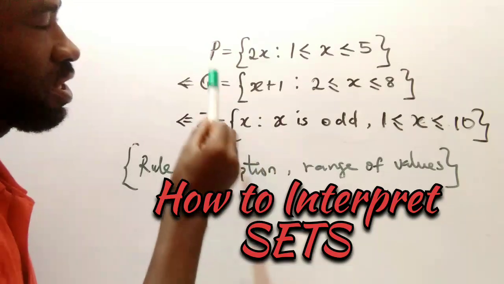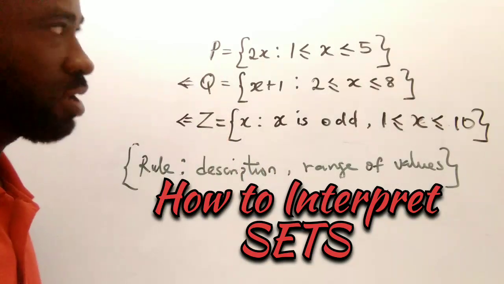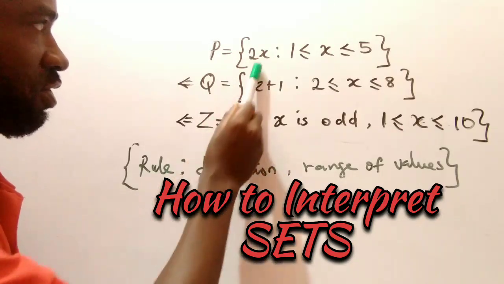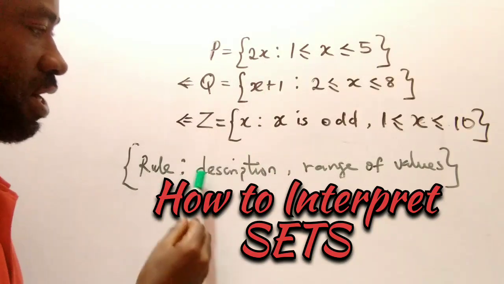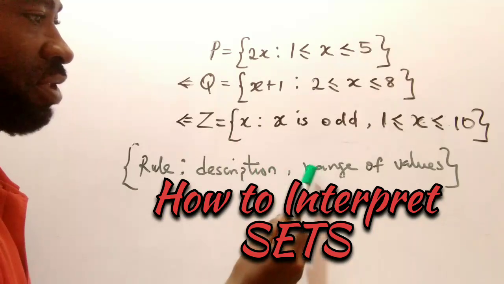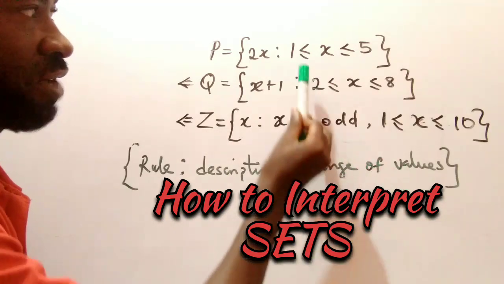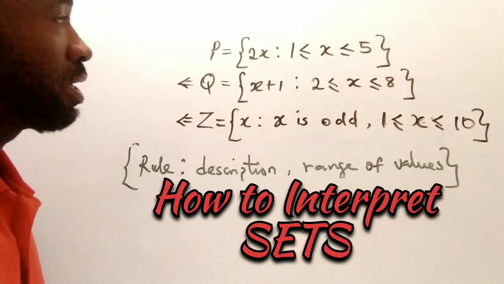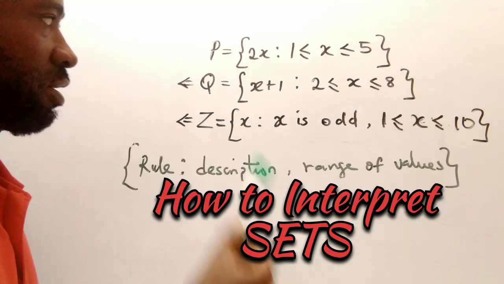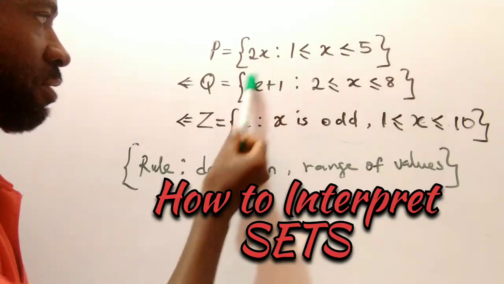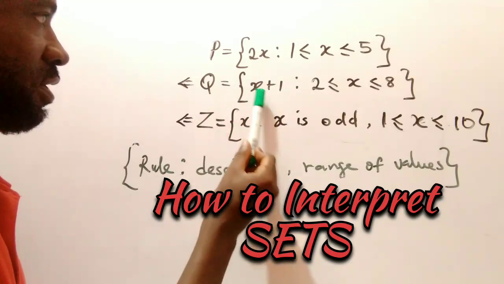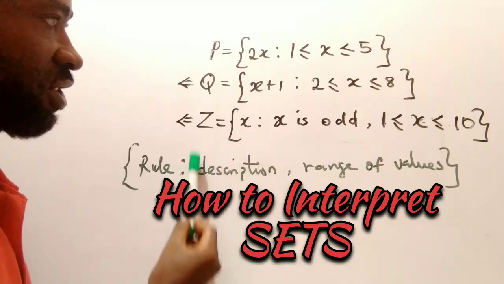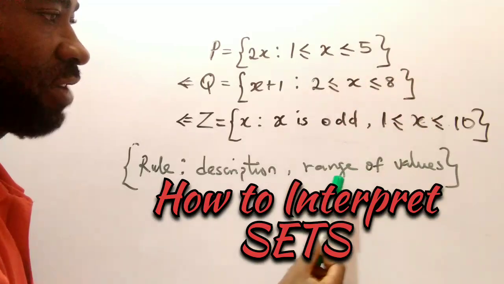So for example, let's take a look at this set P. The rule here is 2x, and it has no description, but it has a range of values. They gave us the range of values from 1 to 5. The second one has the rule x plus 1, and it also does not have a description, but it has the range of values.